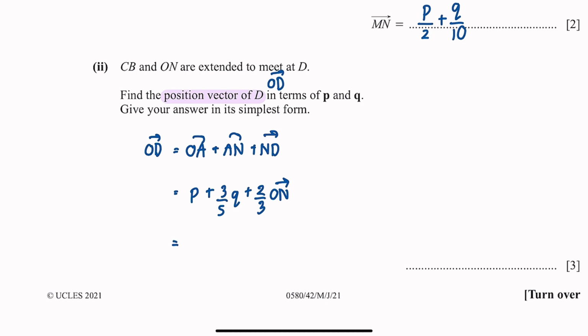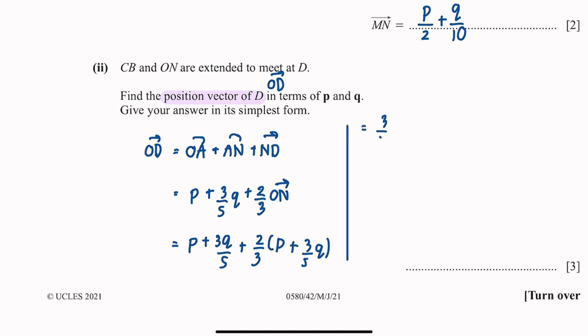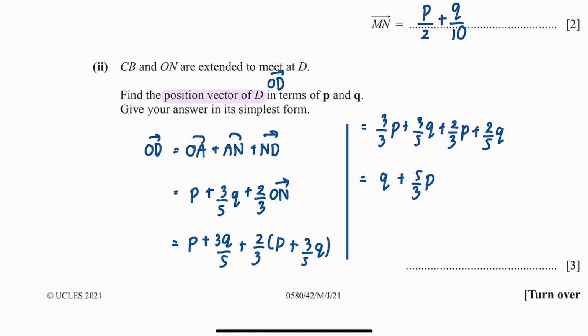And this is equal to P plus 3 over 5 Q plus 2 over 3 of P plus 3 over 5 of Q. And the answer is Q plus 5 over 3 P.